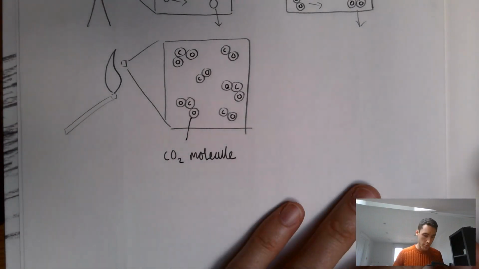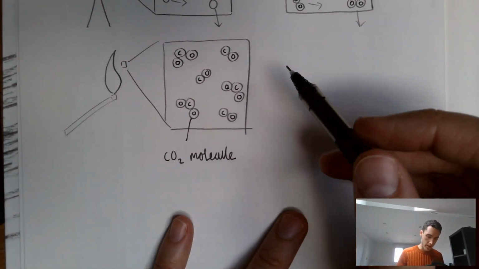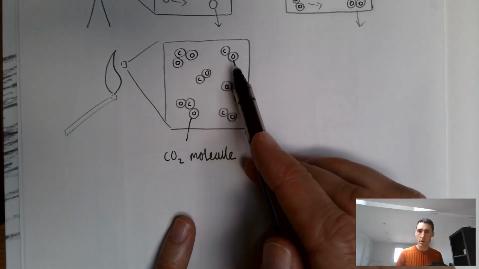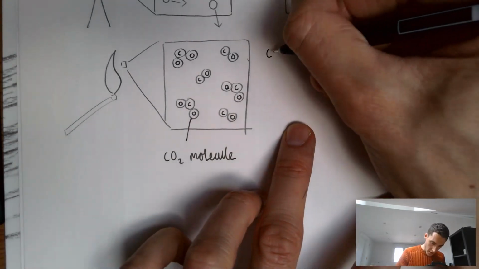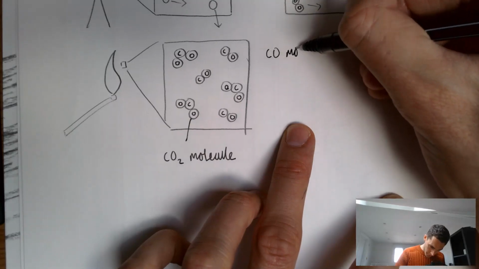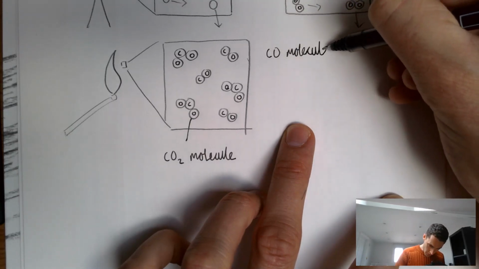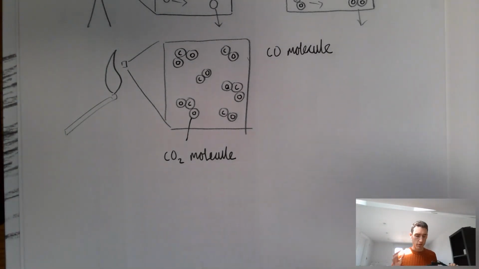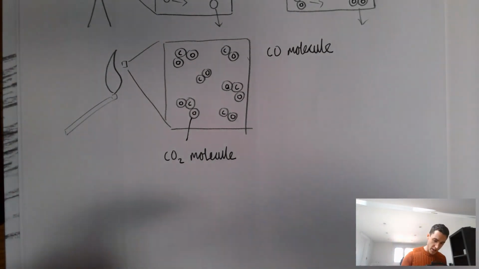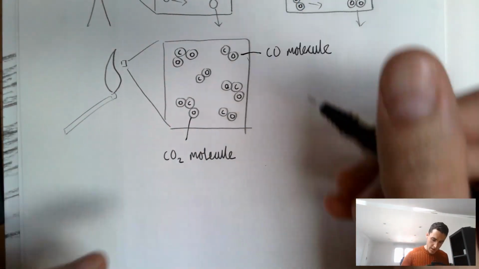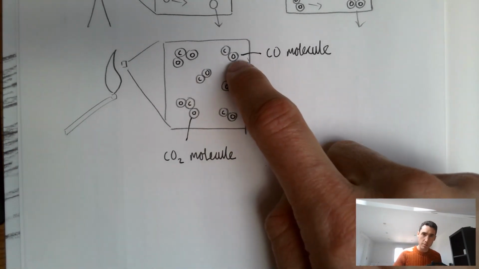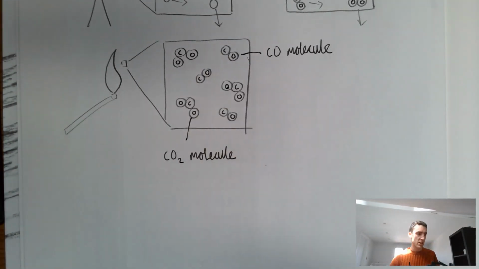I'm not sure whether they'll remember it, but you may wish to refer back to it. And what I want to do is emphasize that this would be different because this is just one C and one O. This would be a CO molecule. Now, in this lesson, the main purpose of this is, as I say, to link this notation to these pictures, and all of the examples that you'll see are doing that.